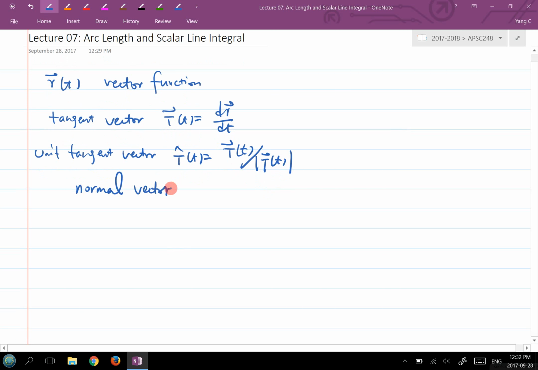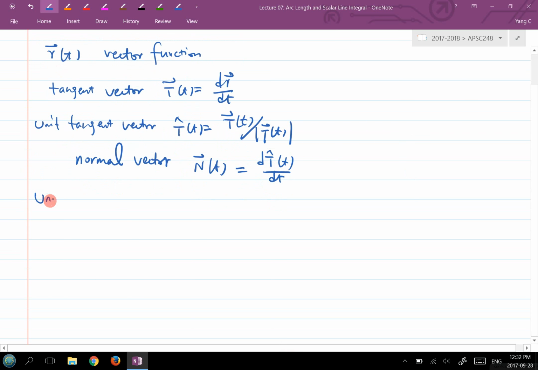And then for the same curve, there's a normal vector. The normal vector is the derivative of the unit tangent vector over dt. The derivative of the unit tangent vector doesn't necessarily give a unit vector, so usually we need a unit normal vector, and that can be obtained by normalizing the normal vector.